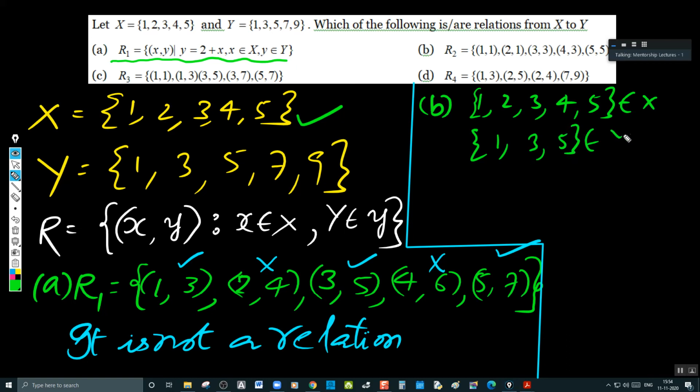This also belongs to Y, and hence it is a relation. First elements are lying in capital X, second elements are lying in capital Y, and hence perfectly, it is a relation.